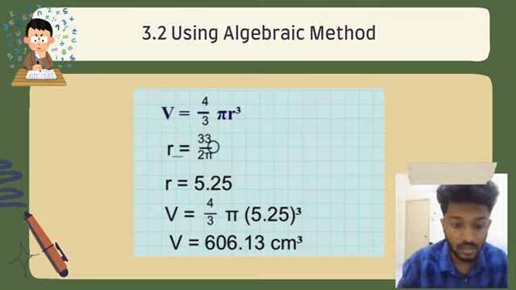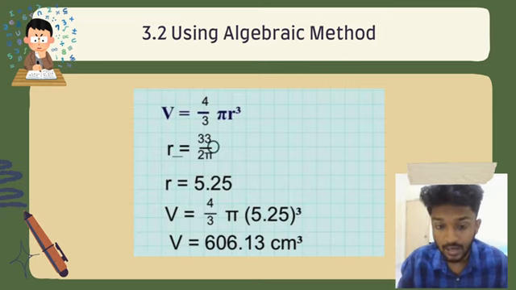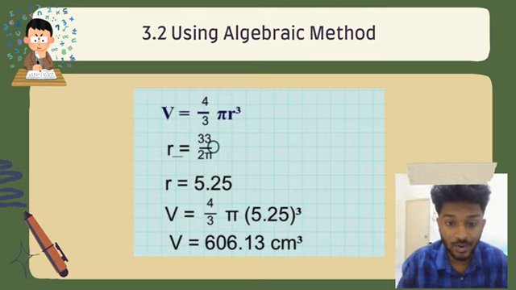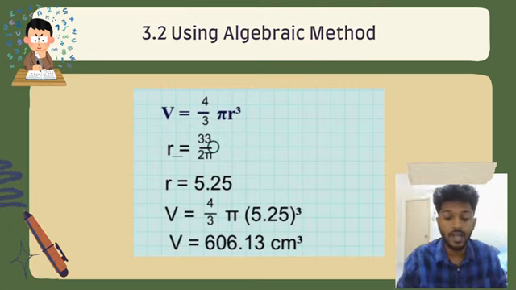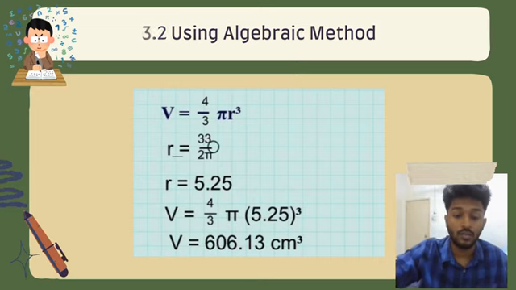Substituting this value into the equation, volume equals 4/3 pi times (5.25) cubed. After simplifying, the calculated volume is 606.13 cubic centimeters. This method directly applies the formula without requiring integration, which makes it faster and more straightforward for practical calculations. Thank you.